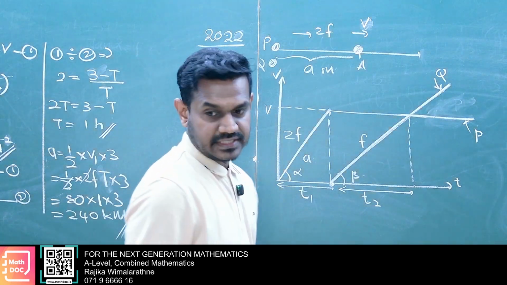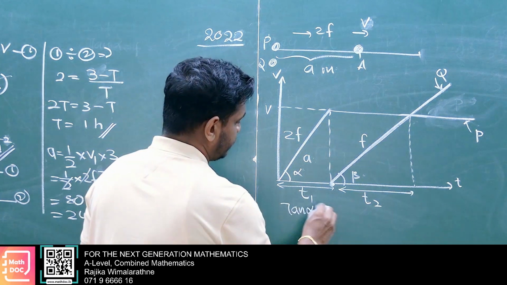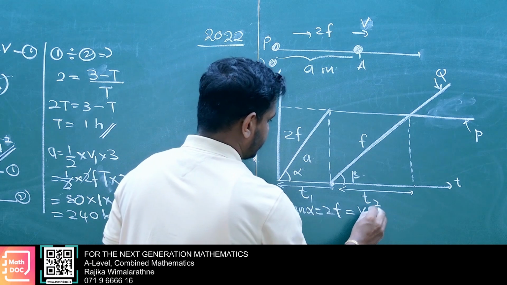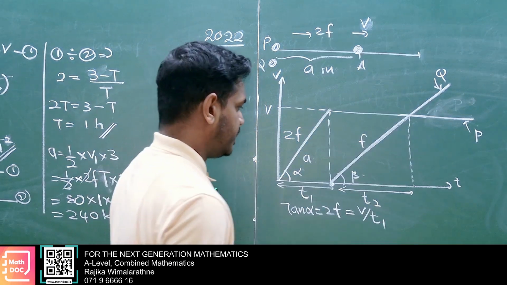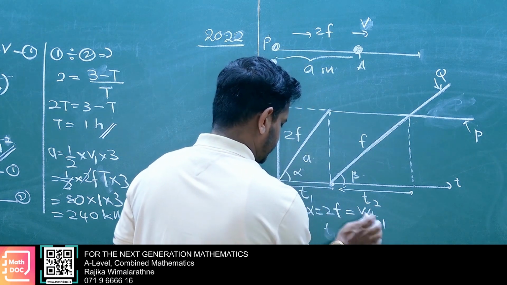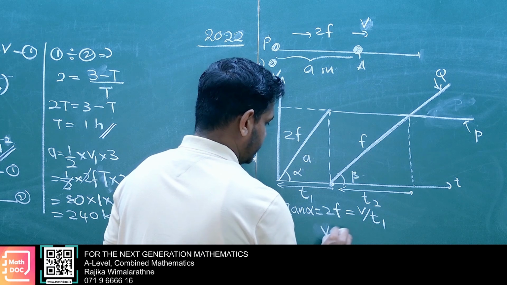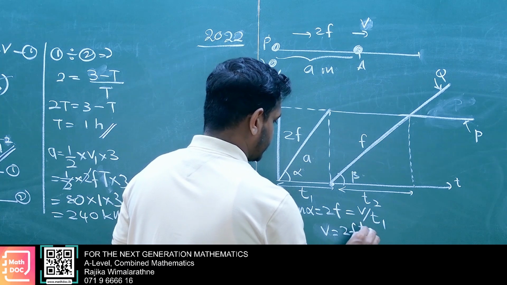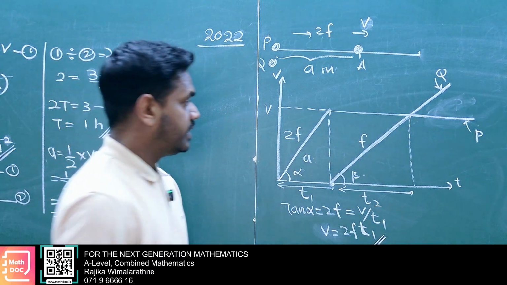Now just write the relations. First, tan alpha, meaning 2F, equals V over T1. Then V equals 2F T1.